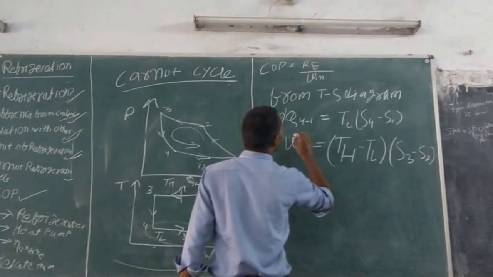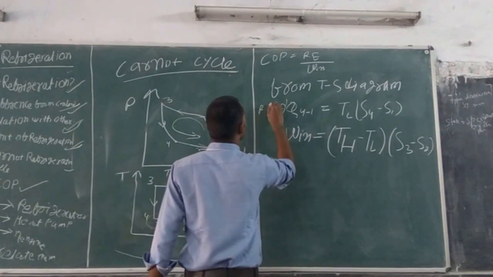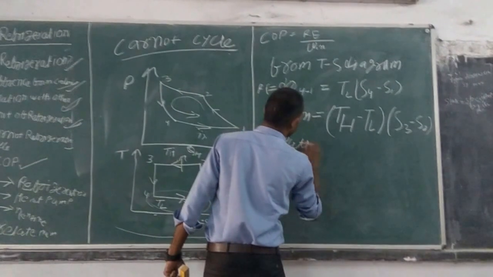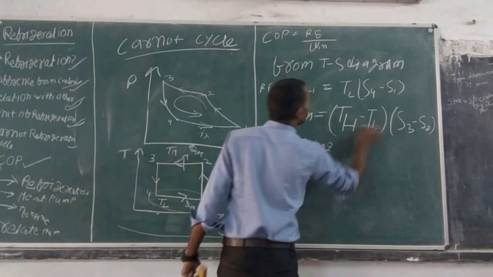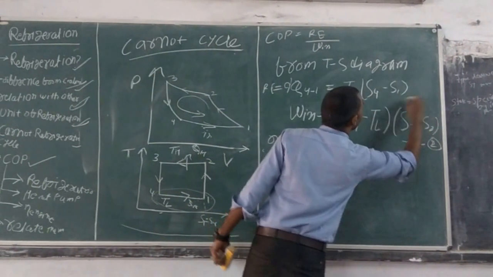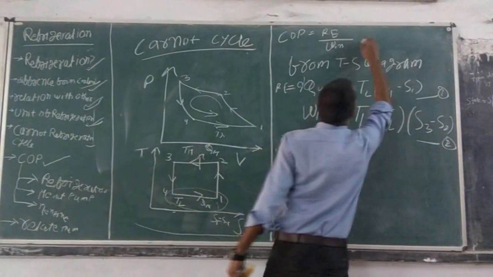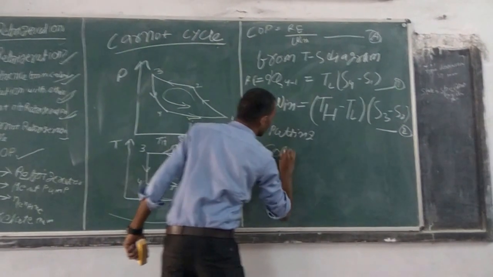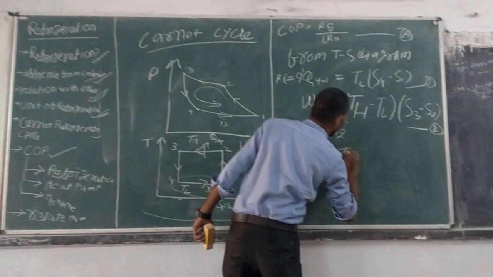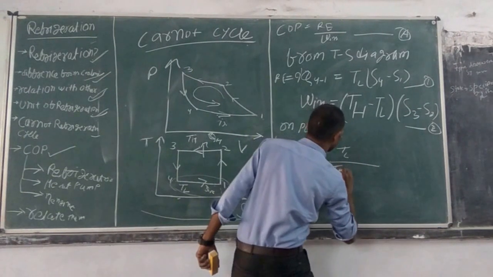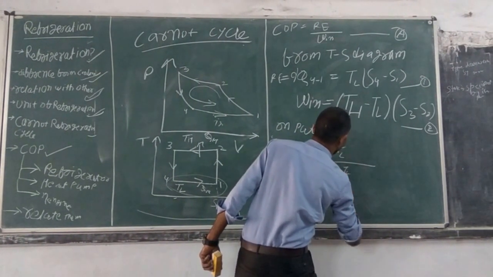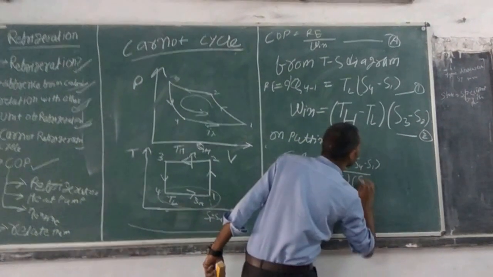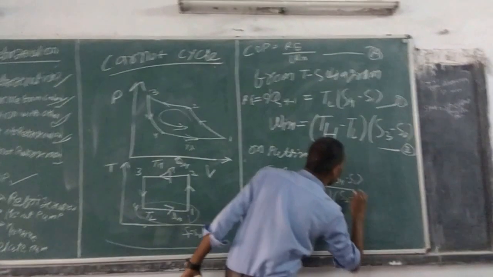So this is our RE. On putting these values from equation 2 and equation 1 into equation number 8, we can get the COP. That COP is equal to TL (S4 minus S1) divided by (TH minus TL)(S3 minus S2).